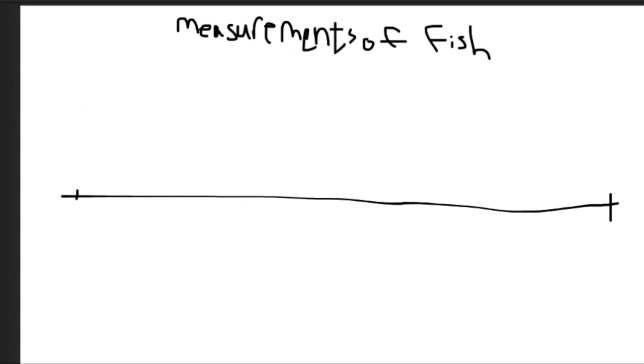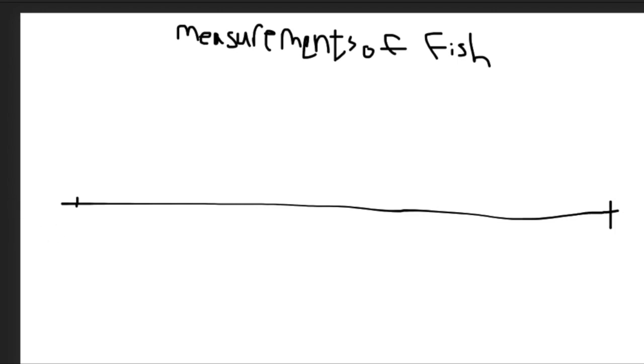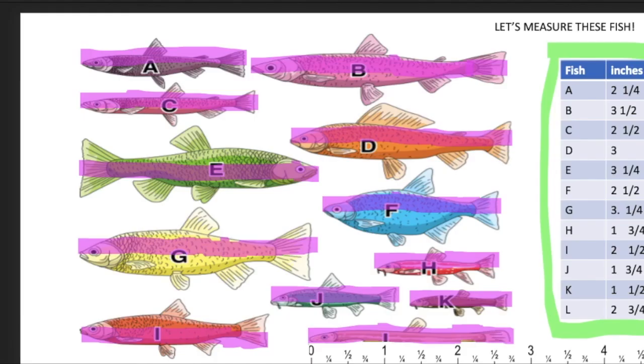So I want to make sure that on my graph, my x-axis, my line, shows the different data that I have. Because some of this data might be the same. Some of these fish might be the same measurement.